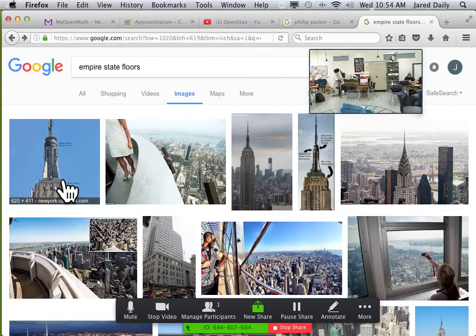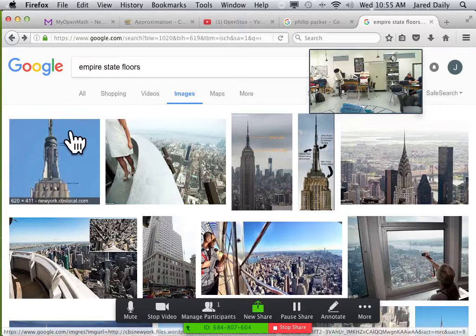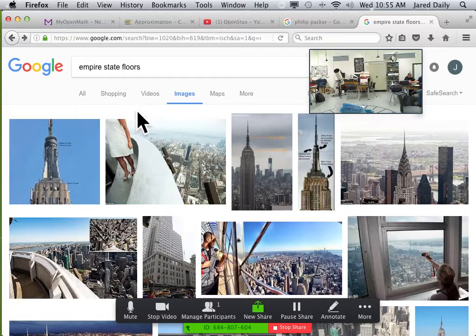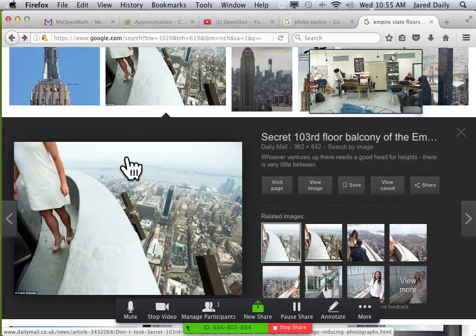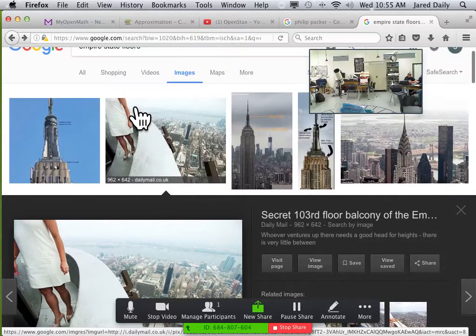But if you are rich and wealthy or you're getting married, you can go up to the 102nd floor. This one's at like 90 something. But this right here, this picture is the 102nd floor, the 103rd floor. So that's the one you can only go to. And that's all you get, is that little walkway and this little 2-foot balcony. And then, woo, right? But anyway, so 103 floors.